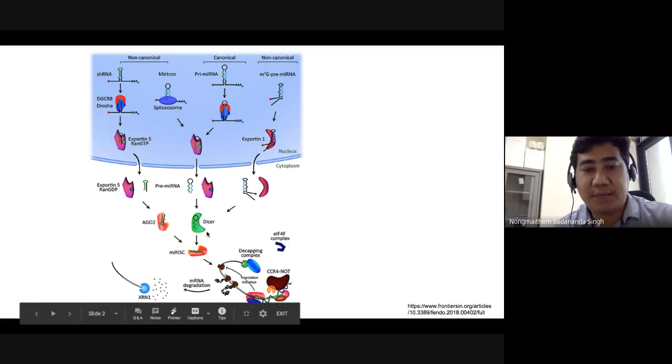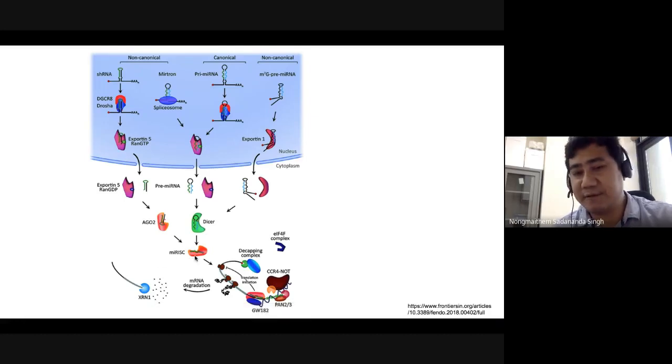Once you get the microRNA RISC complex, it has various roles and can act in different ways. We will discuss it in the later part of our discussion. So basically, this is the canonical pathway that we know of, and you can get microRNAs in different ways, from stem loop hairpin structures.